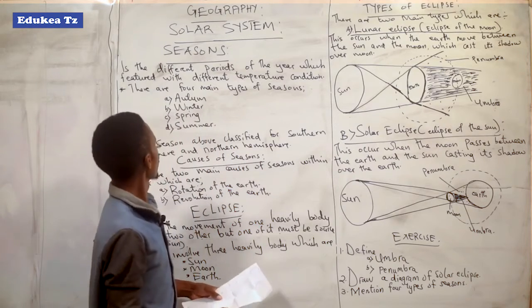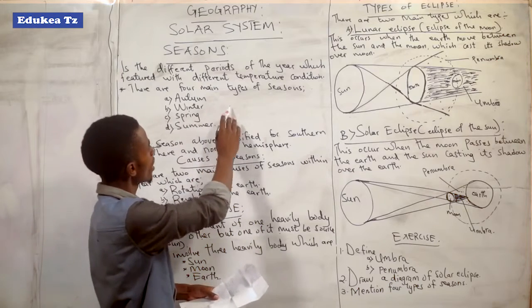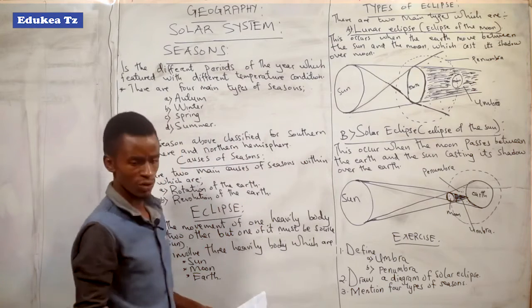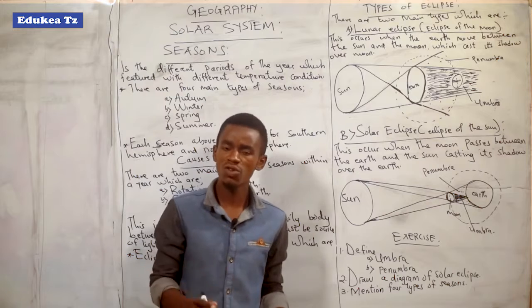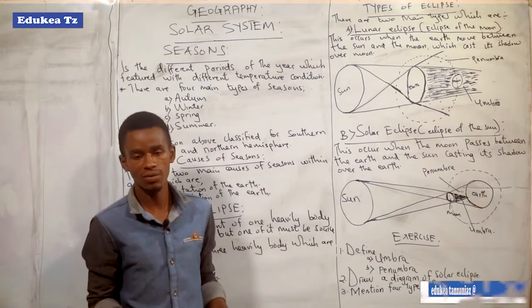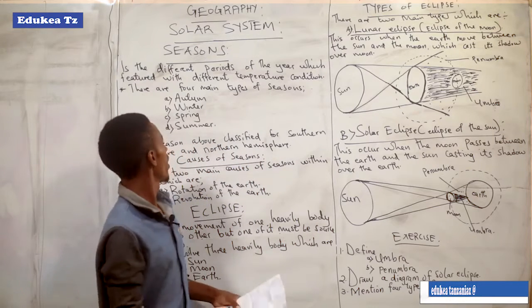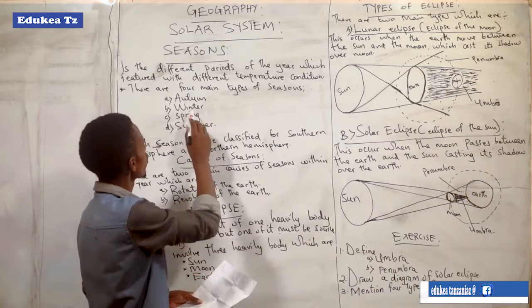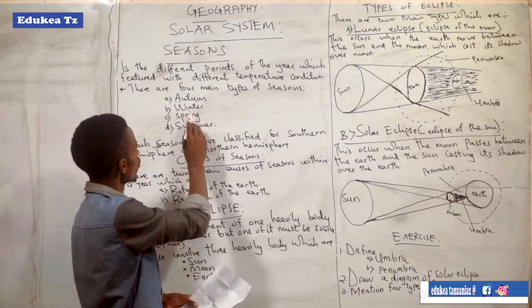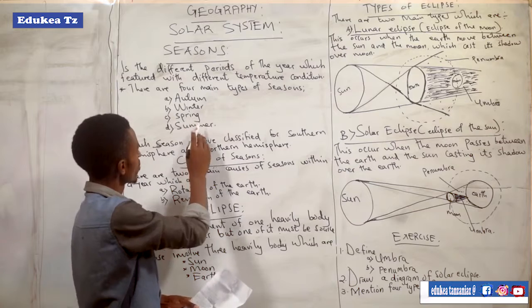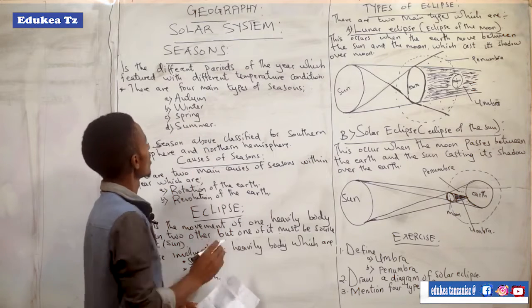There are four main types of season within a single year. First is autumn, second is winter, the third is spring, and the last is summer.